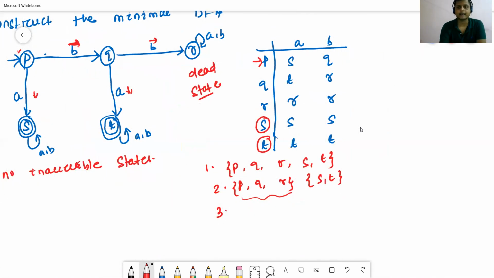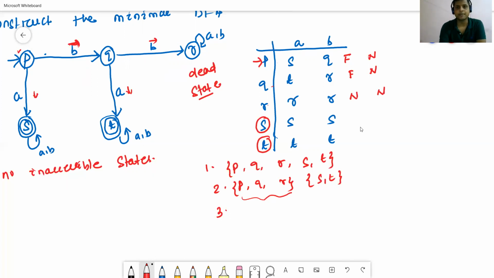See here, P reading A goes to S, but S is a final state. P reading B goes to Q, but Q is a non-final state. Then Q reading A goes to T, a final state. Q reading B goes to R, a dead state, and every dead state is a non-final state. Then R reading A goes to R, a non-final state, and R reading B goes to R, also a non-final state.